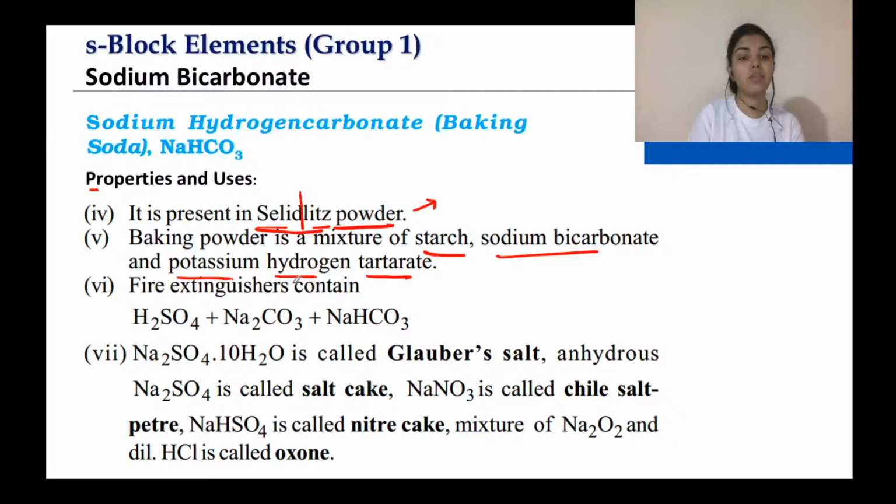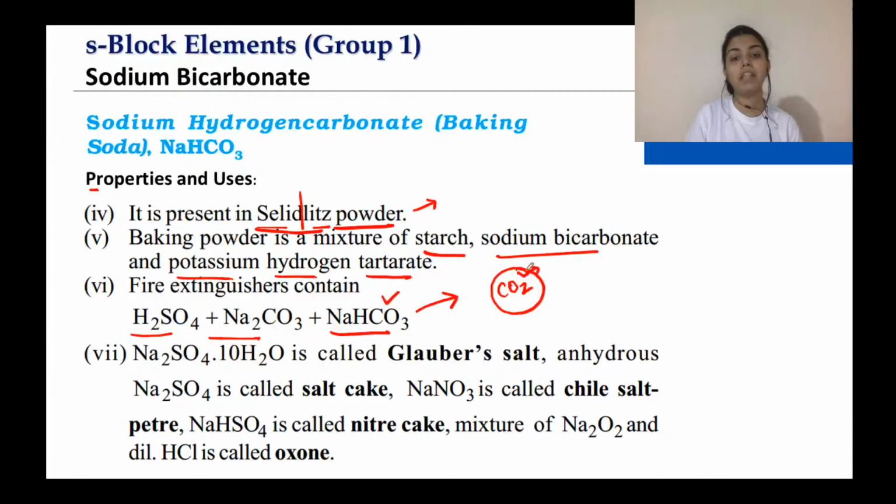Now it is also used in fire extinguishers. In fire extinguishers, basically we use H2SO4, Na2CO3 and sodium bicarbonate also, or NaHCO3 also, because it releases what? CO2 gas, right? And this CO2 gas cuts the supply of oxygen gas, which is essential for fire.